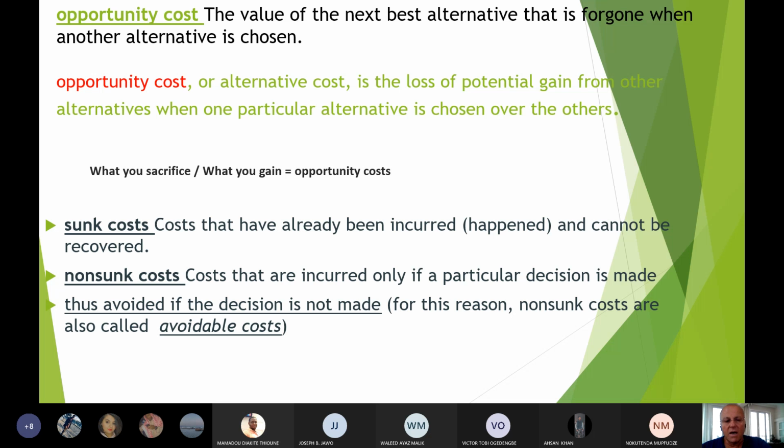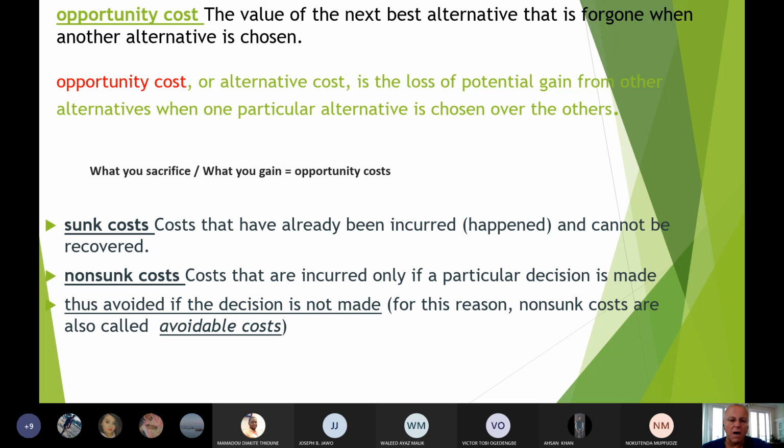Simply, sunk costs have already been incurred or happened and cannot be recovered, not repaid, not covered. You spend something and you go somewhere else, for example to the cinema or whatever it is, and then it's finished. Non-sunk costs are incurred only if a particular decision is made, thus avoided if the decision is not made.